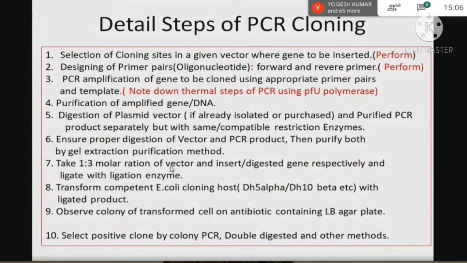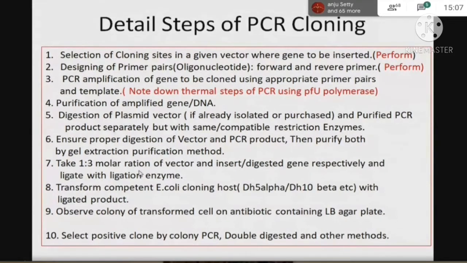Then we take that one-hour incubated culture and spread it on plates having LB agar and the respective antibiotics, depending upon which vector you have used for cloning.